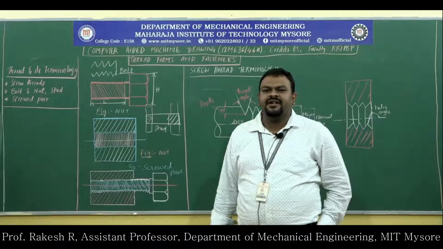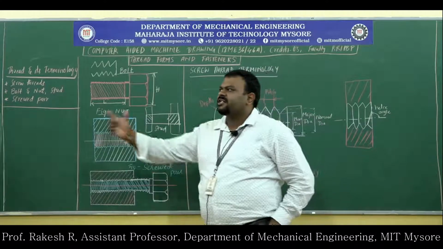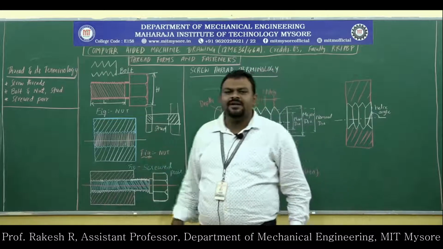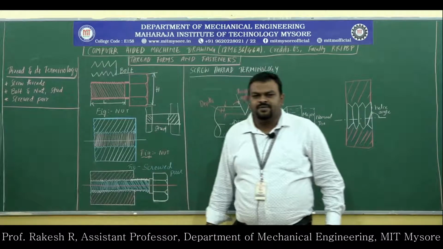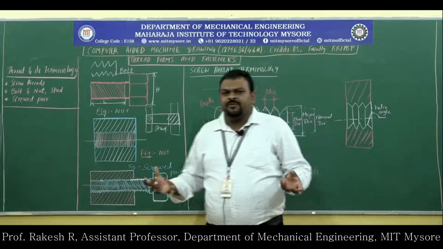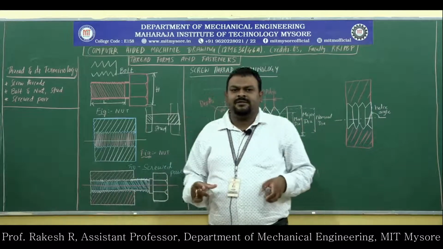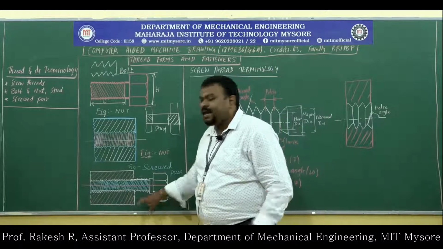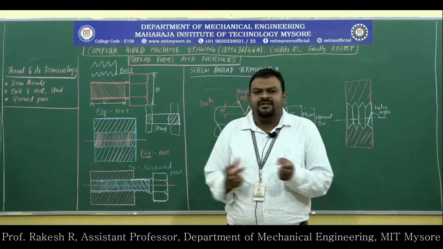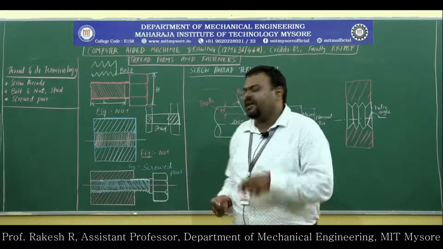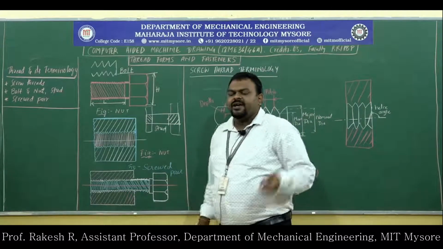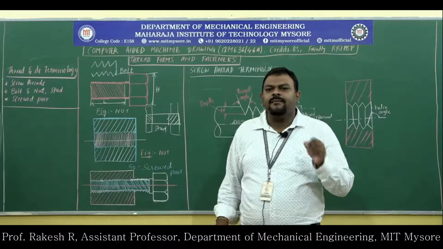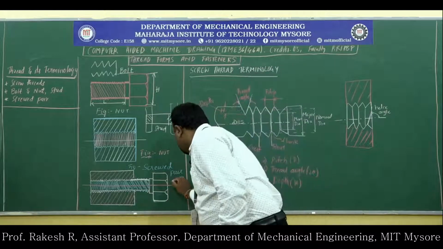For ease of understanding of ISO standards, external threads are called male threads and internal threads are called female threads. Whenever you assemble both the internal and external thread, you get a pair, a combination. That combination is called a screwed pair. A screwed pair is one which has a combination of bolt and nut.